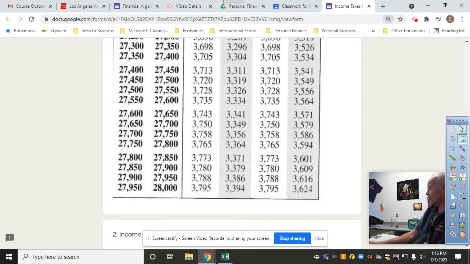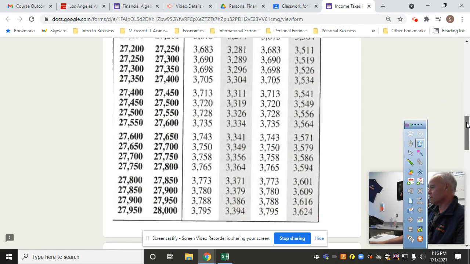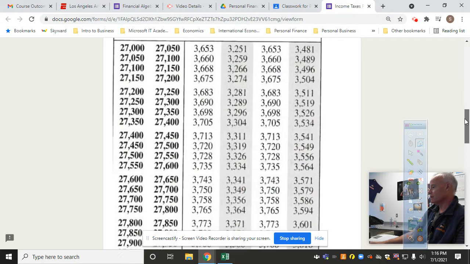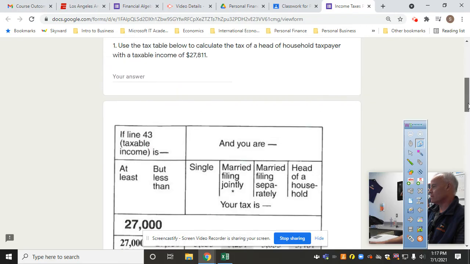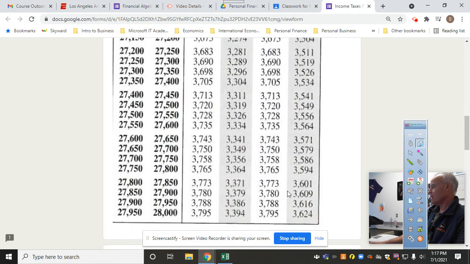There we go. And going back, 27,811. I would come over here to the head of household category of 3601. So you should have come up with a tax in your answer here for number 1 of 3601 between those two intervals there.